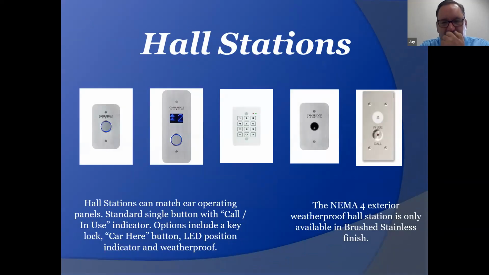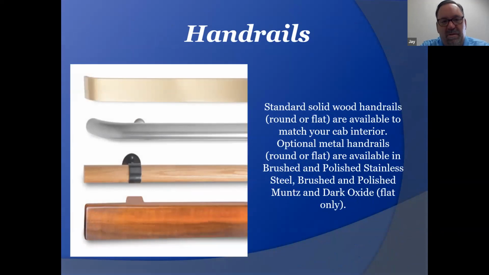The hall stations, like we talked about. You could wave something in front of this one as well. That's more motion detected. Handrails: you can do wood, round wood, metal, round, flat bar.